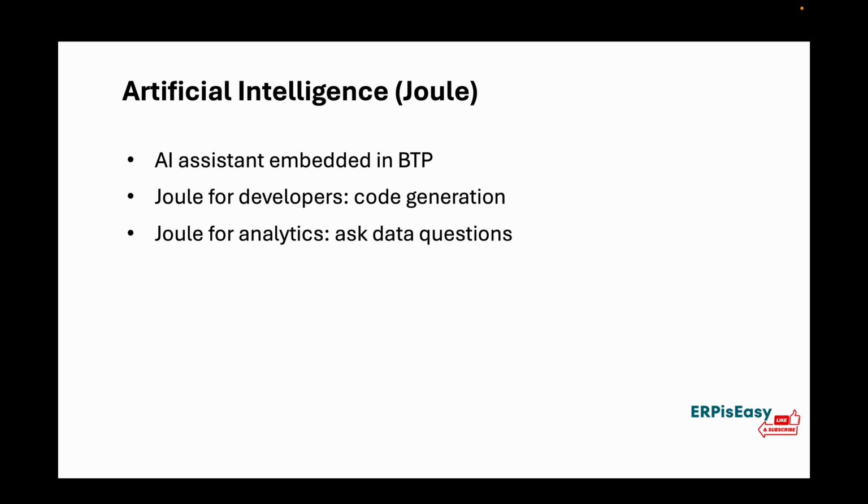You can provide a prompt and Joule will generate code for you with which you can continue interacting to build your application. You can also ask analytical questions to Joule regarding your organization's data. For example, you can ask about the number of sales in a particular month and in a particular country. And Joule will be able to provide you the answer, assuming your organization is using Business Data Cloud and the relevant data is available there.